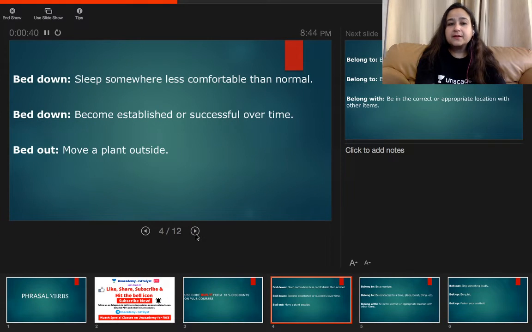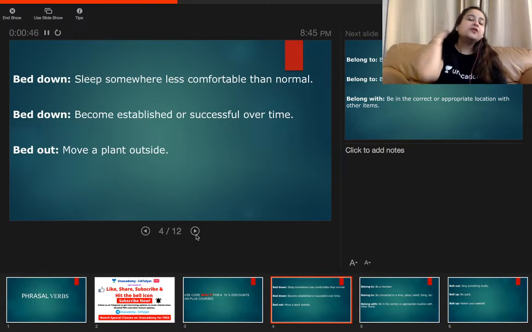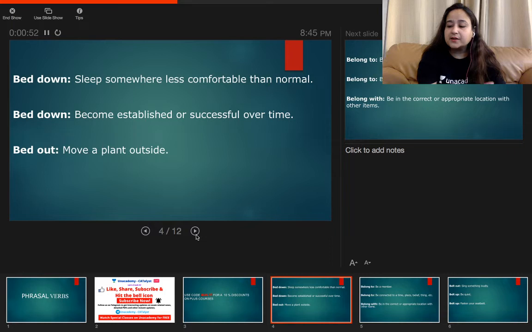Okay, now bed. Bed down is to sleep somewhere less comfortable than normal. So if you're traveling somewhere, just bed down wherever you find a place. It means you're going to stay at a place which may or may not be as comfortable as the normal place where you sleep.